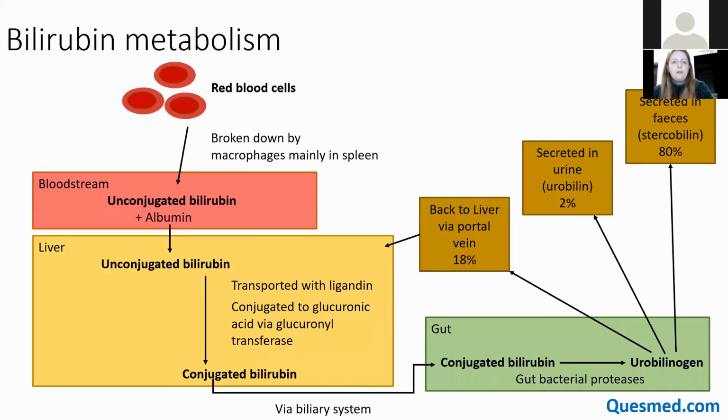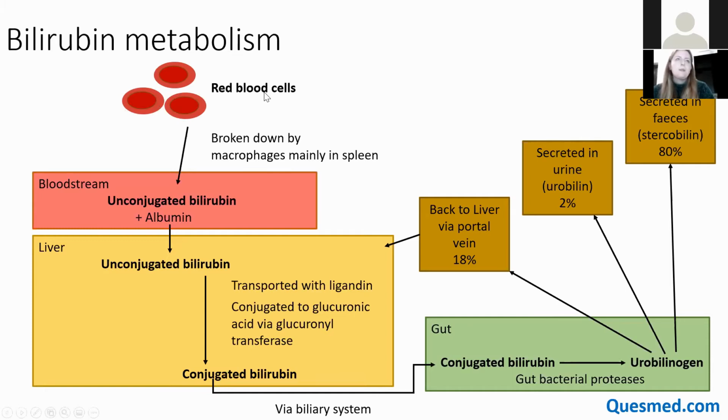So this slide is just a recap of bilirubin metabolism, because it's really helpful to have this in mind when you're thinking about the causes of jaundice in particular. So if we just go through this, you obviously start off with red blood cells.